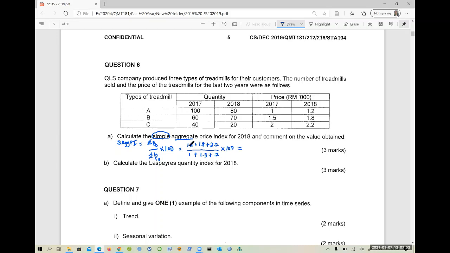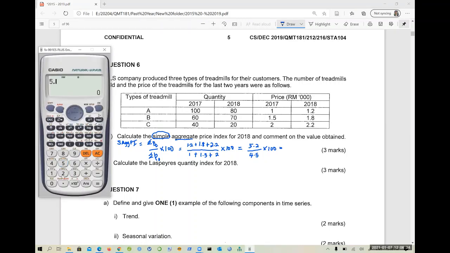So 1.2 plus 1.8 you get 3, plus 2.2 you get 5.2. The bottom part, 1 plus 1.5 is 2.5, plus 2, you get 4.5. Times 100. Let me bring up my calculator.